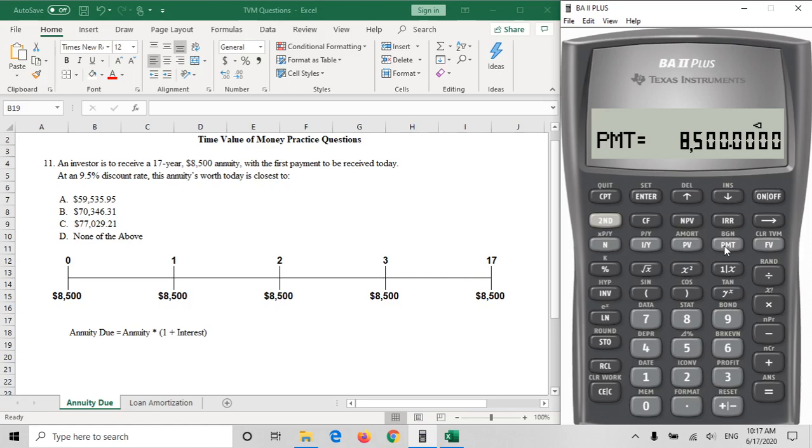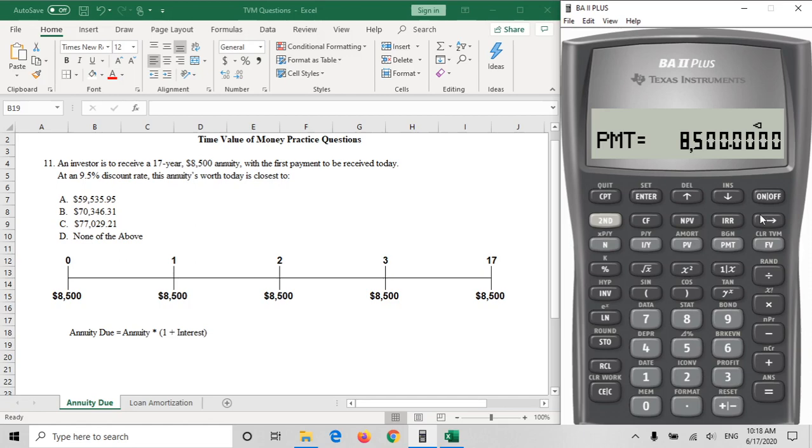If this is a cash outflow, you should use a negative sign. So please remember, if cash inflow, use a positive sign. If cash outflow, use a negative sign.